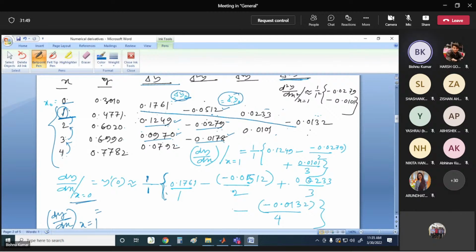At that time I have to think of that as the first point, pick up the associated upper diagonal elements, rearrange, and calculate the first or second derivative. Is it clear? Yes, sir.